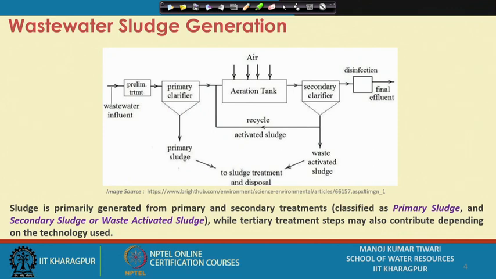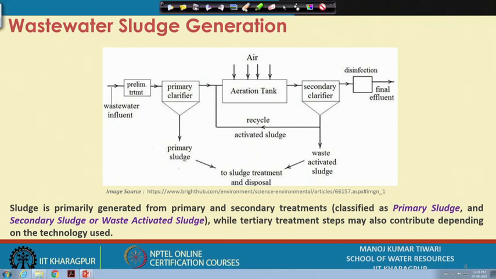So, let us look at where the sludge is generated. As we were just saying, sludge is generated from all different stages. It is generated from the basic preliminary treatment, where the screens and grit chambers generate solid mass. But that is of a peculiar nature, mostly inert, because grit material is inert.